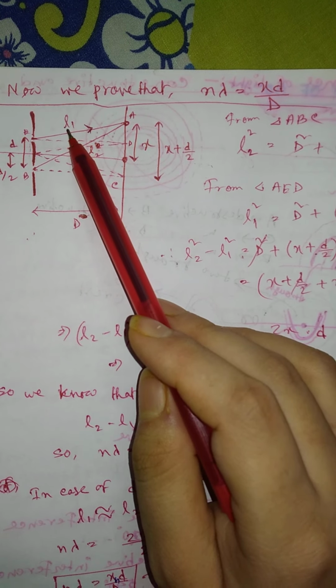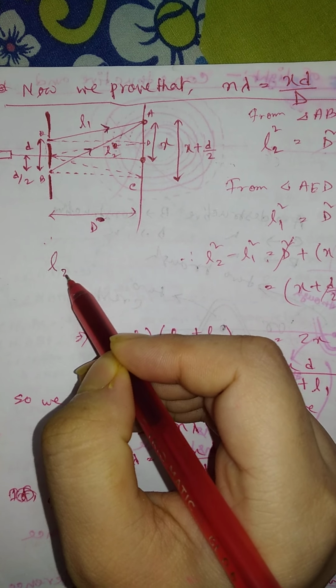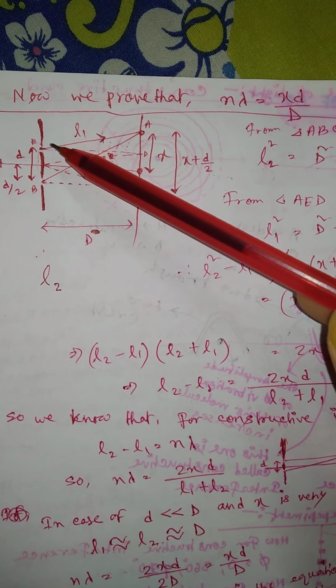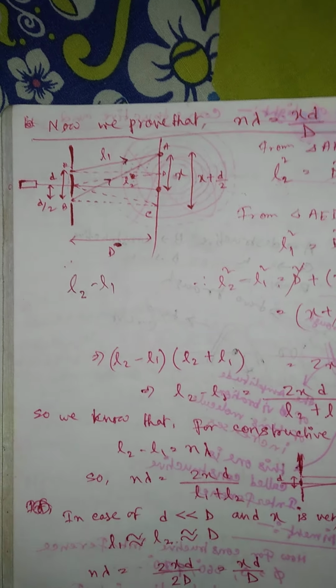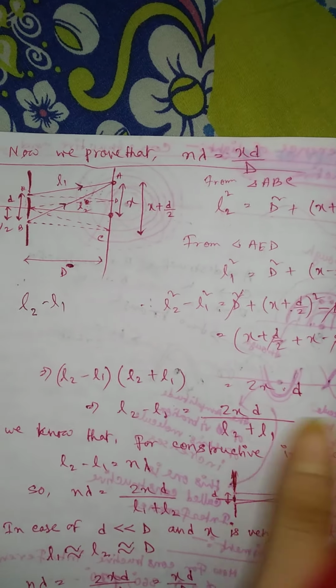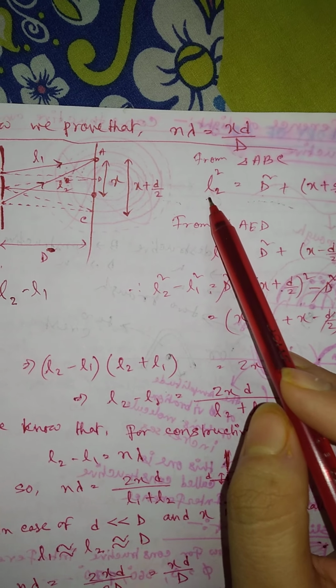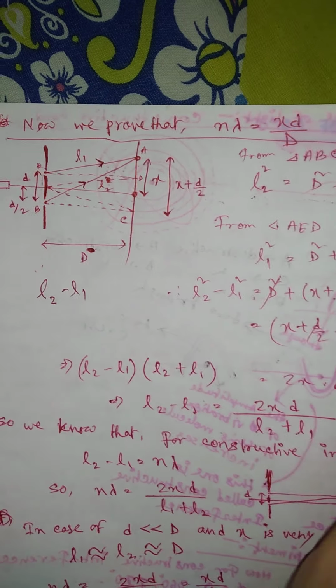The path difference between these two lights coming from A and B is L2 minus L1, right? Now first I am going to find the value of L2 square.